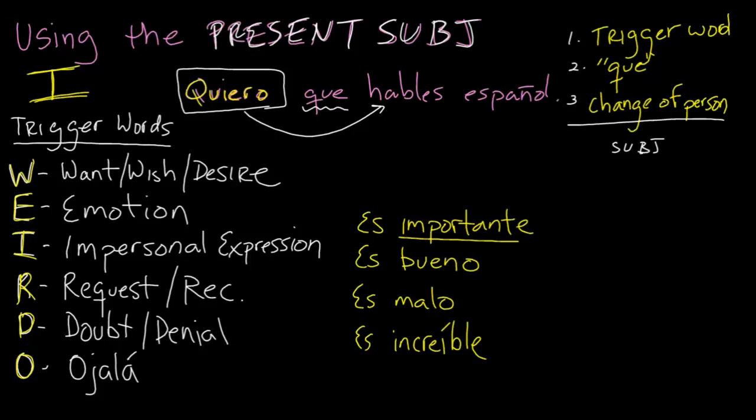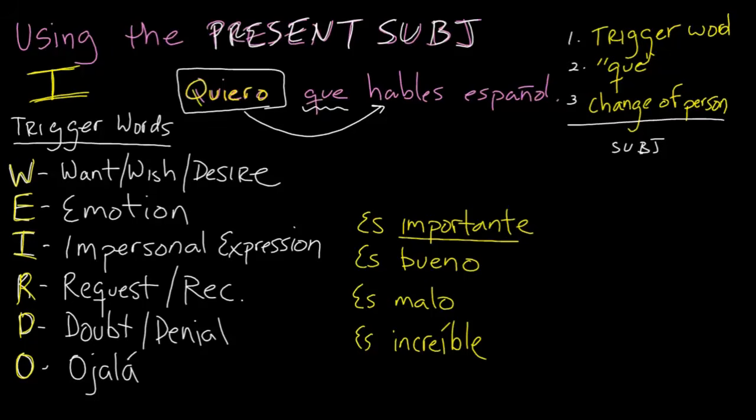It's important that, it's good that, it's bad that, it's incredible that, it is scary that, it is interesting that, it is wonderful that. Those are quite a few that you could put in there.